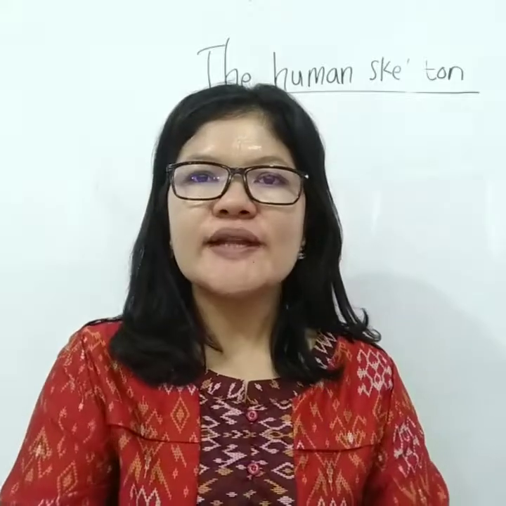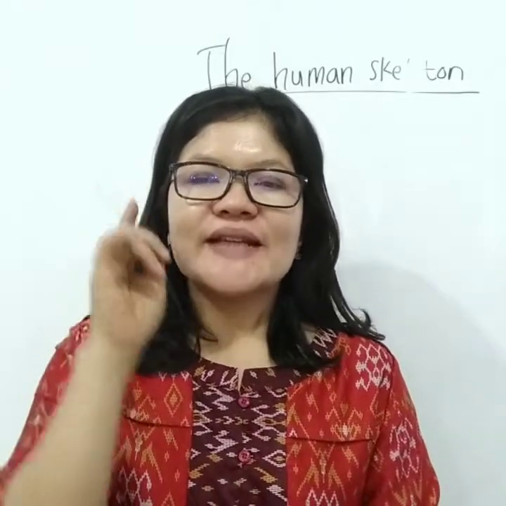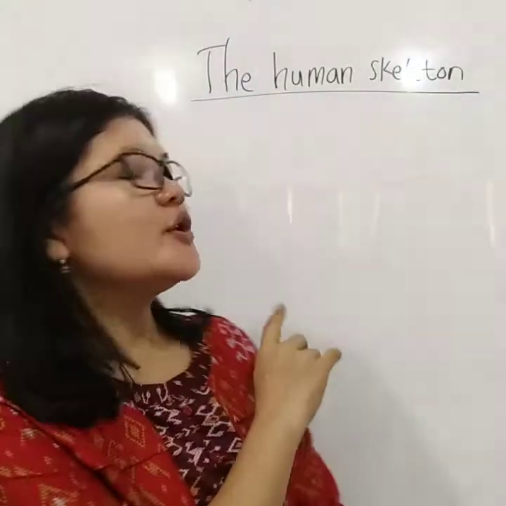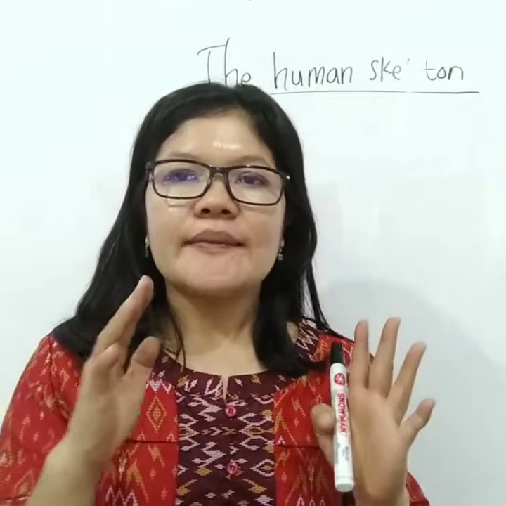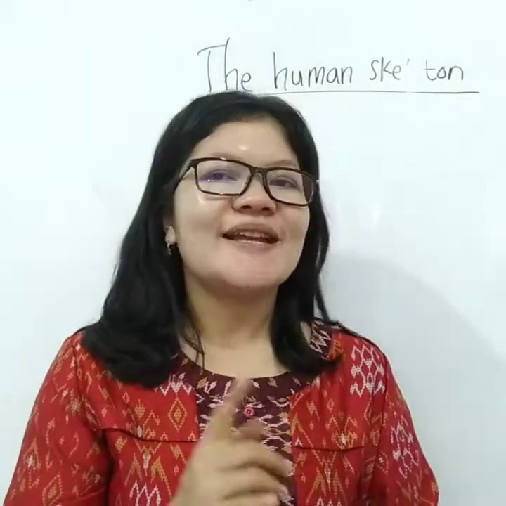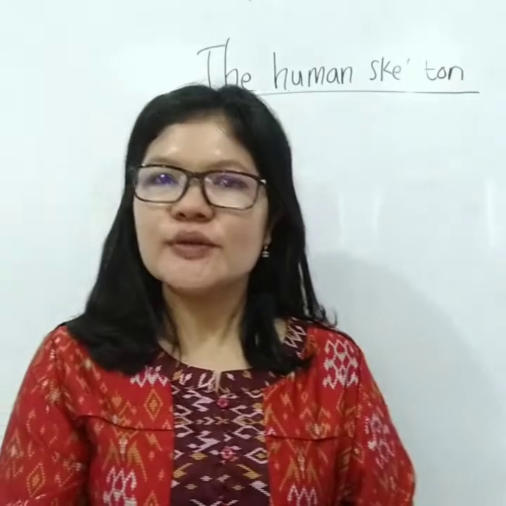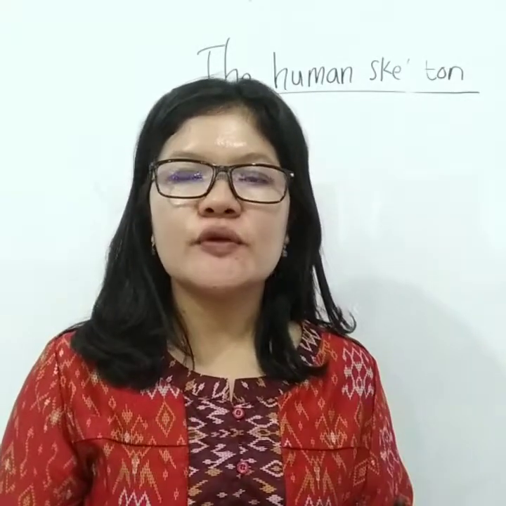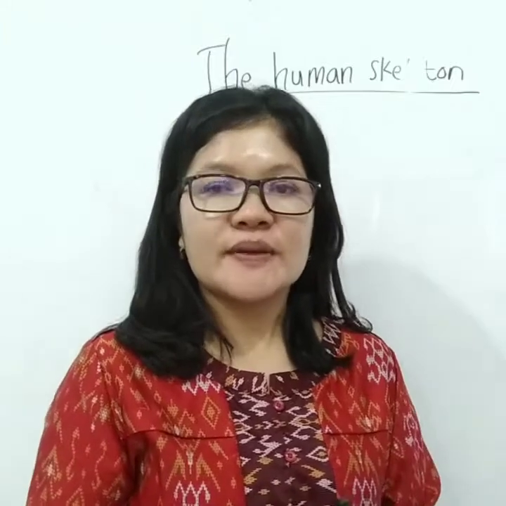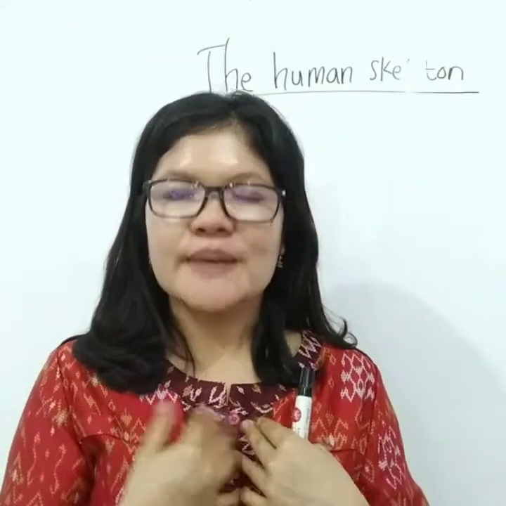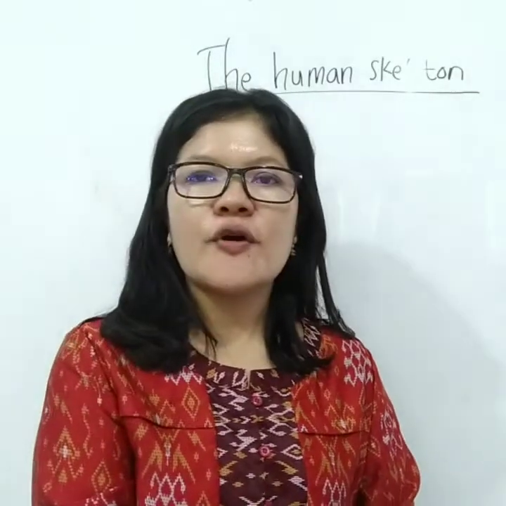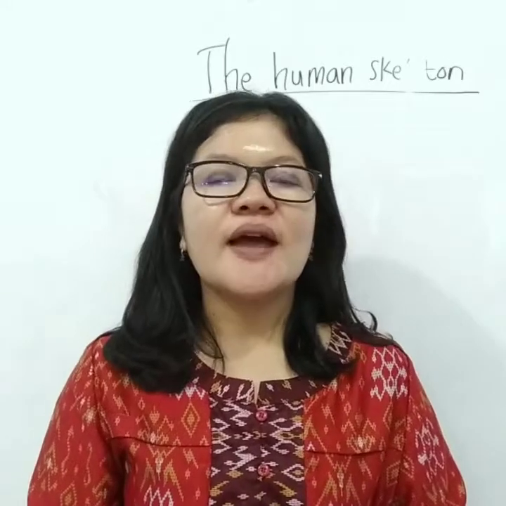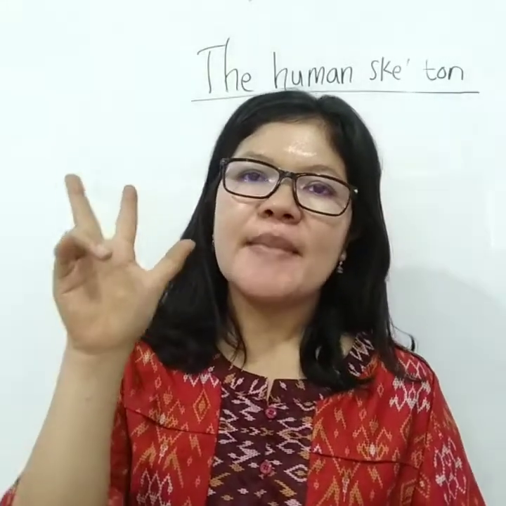Now we're going to learn about the skeletal system, or the human skeleton, and all its parts and uses. Actually, the skeleton is very useful for us, especially for vertebrates, especially for humans. Now, what are the uses of the skeleton? There are four main uses.